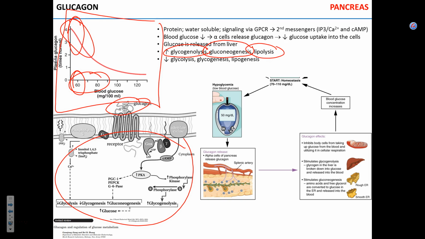So lipolysis. You see, processes that are stimulated by insulin are inhibited by glucagon and vice versa. Processes that are stimulated by glucagon are inhibited by insulin. Does that make sense?